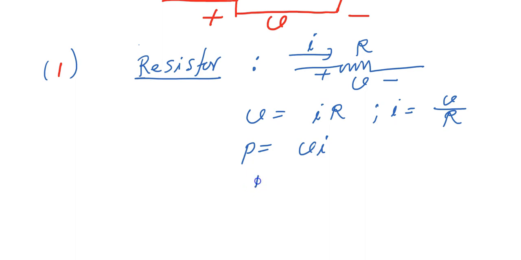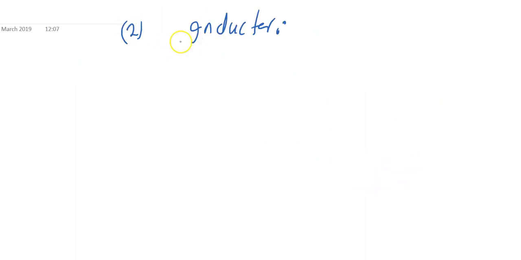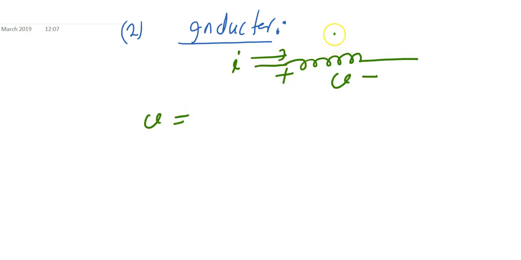Then energy, you know the relation: integral from minus infinity to t of p(τ) dτ. Then the inductor. These are very basic relations, and you are expected to know them minutely. You should not have any doubt in all these basic relations. An inductor is simply a coil and its value is L.